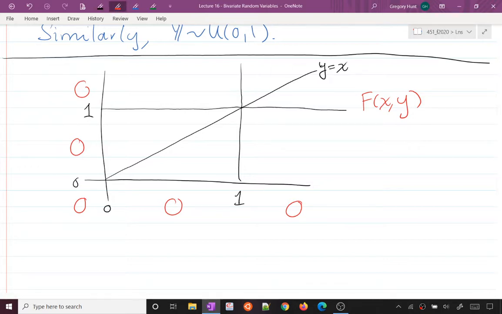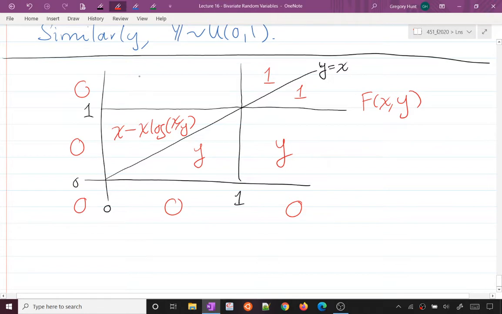It's going to take on the value 1 if x and y are bigger than 1. It's going to take on the value of x minus x log x over y in this triangle here, and it's going to take on the value y over here, and up here it's going to take on the value x minus x log x.